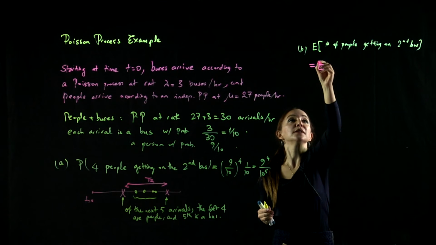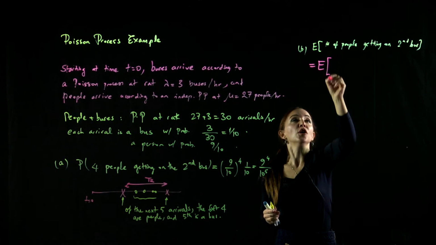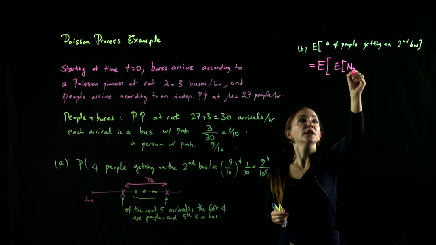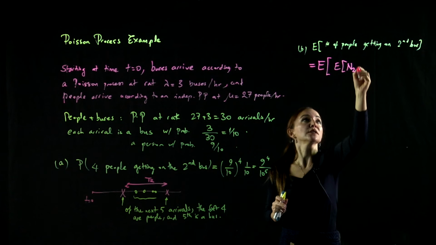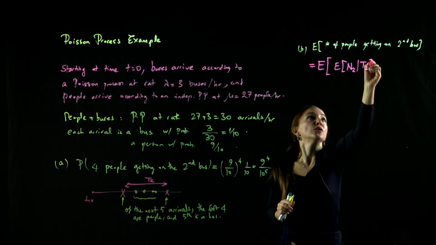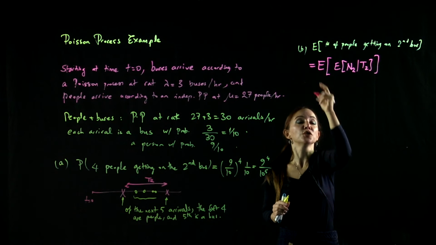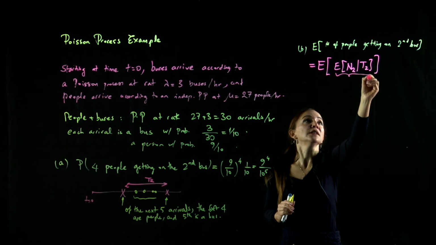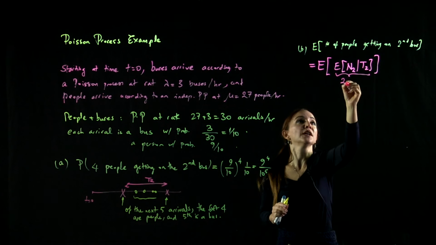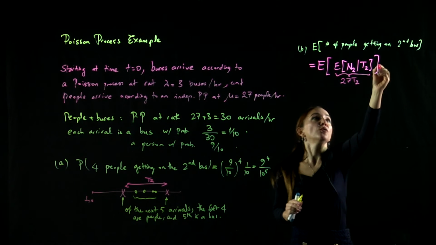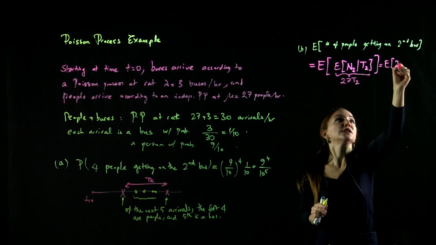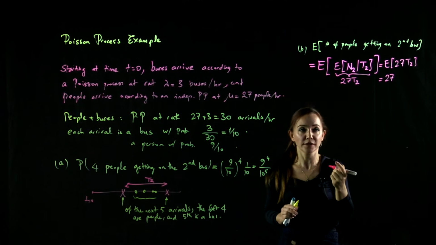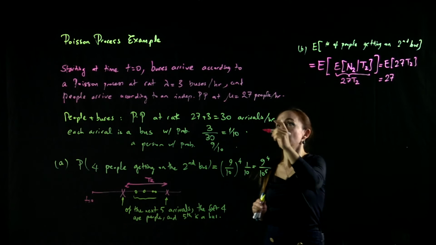This is the expectation of the number of people getting on the second bus given T2, and the outer expectation is over T2. But this inner expectation is 27 T2. So we have the expectation of 27 T2, which is 27 times the expectation of T2.